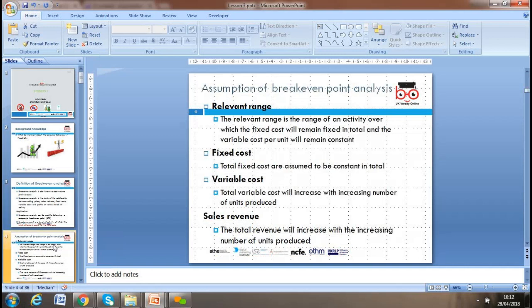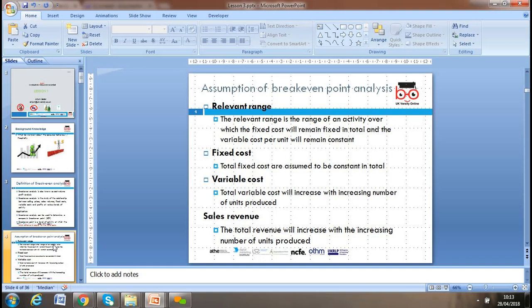Within the relevant range of activity, our fixed cost will remain fixed, and we'll see variable cost: how many units we sell, we will be at our break-even point. So the fixed costs are assumed to be constant in total. Variable cost will increase with the increased number of units produced, and the sales revenue will increase with the increase in the number of units produced.